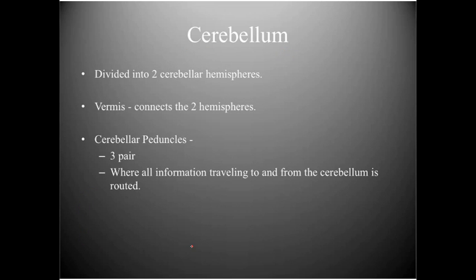The cerebellum is also divided into two cerebellar hemispheres. Basically, just like the cerebrum is divided into right and left, the cerebellum is no different. The vermis connects the two hemispheres, and there are cerebellar peduncles. There are three pairs, and all information traveling to and from the cerebellum is routed through them. So just keep that in mind.